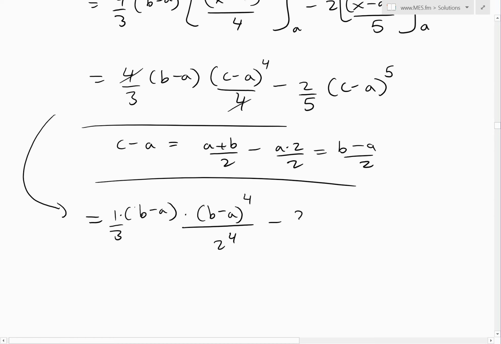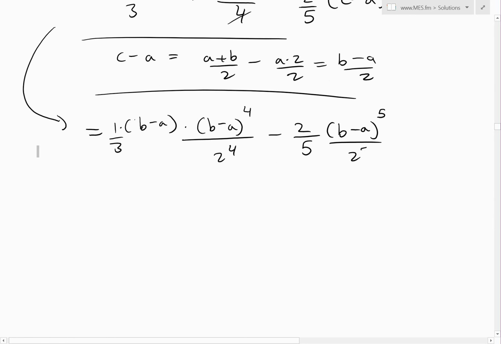Minus 2 over 5, and what we have right here is the same thing: b minus a to the 5th, and there's a 2 to the power of 5.